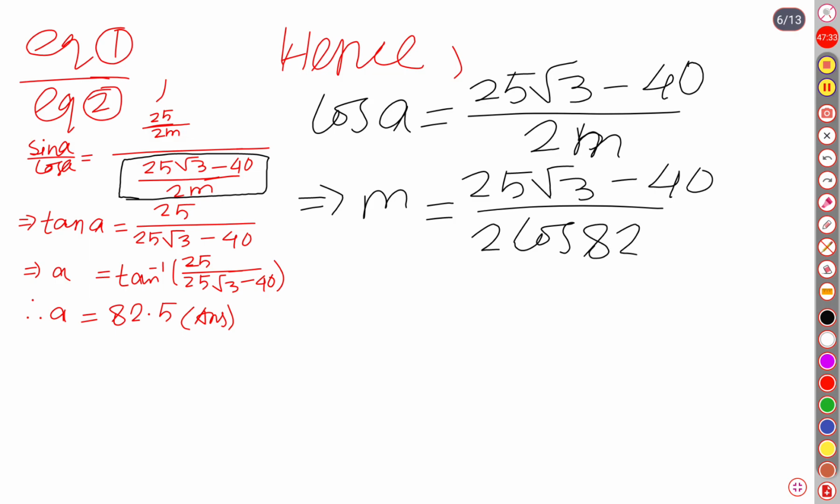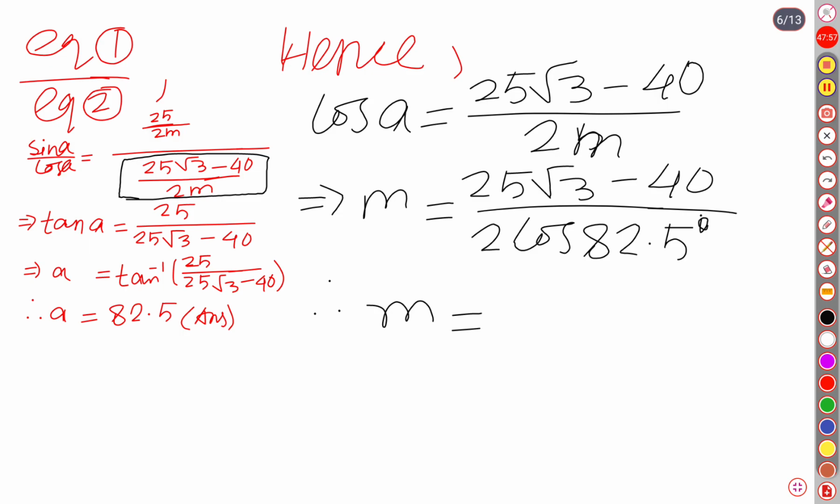82.5 degrees. Then using our calculator we find that m is equal to 25 root over 3 minus 40 over 2 cos 82.5, which is 12.6.